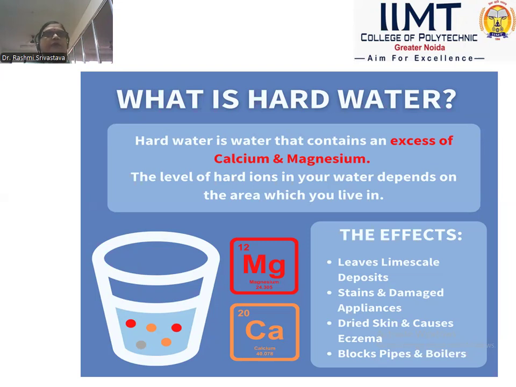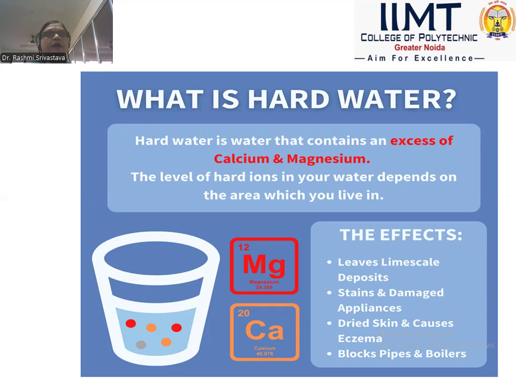Now first I have to define what is hard water, or how will you identify whether the water is hard or soft. The hard water is the water that contains an excess of calcium and magnesium atoms, or we can say the particles of the element.